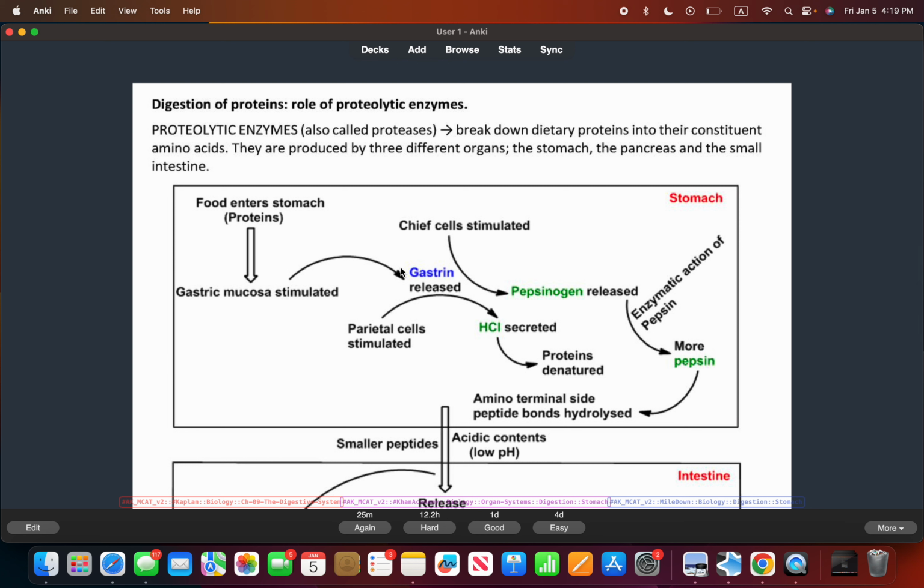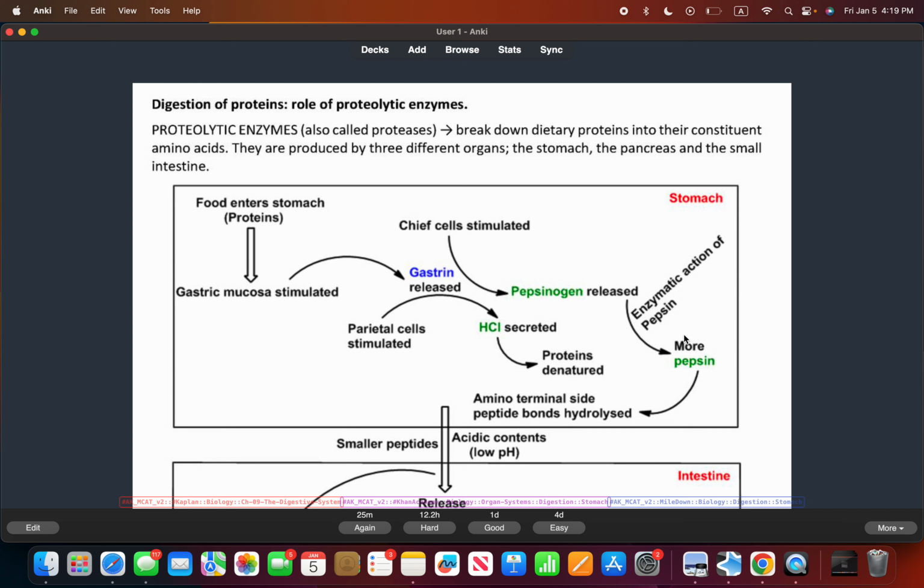Because of gastrin, chief cells are also stimulated, so they release pepsinogen. The parietal cells also are stimulated, so they secrete hydrochloric acid. Hydrochloric acid denatures the proteins. Pepsinogen that is released has the enzymatic action of pepsin.